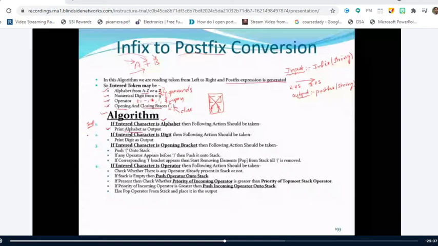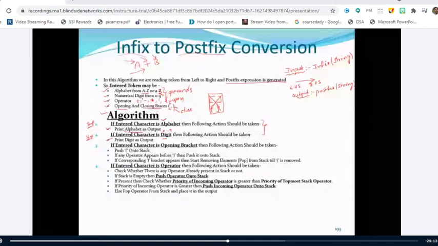Similarly, step 2 says that when you come across a digit, that means when you read the token as a digit, digits meaning from 0 to 9, then also you have to print the digit as the output. That's it. It's a very simple thing. What are these alphabets and digits?